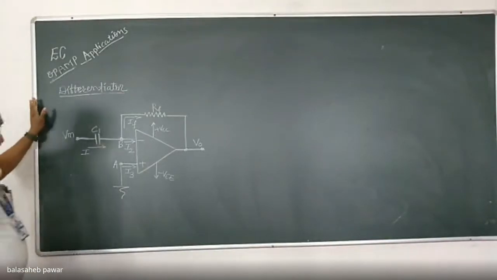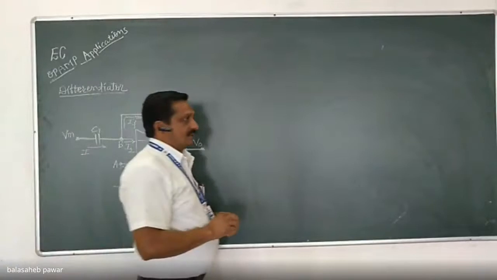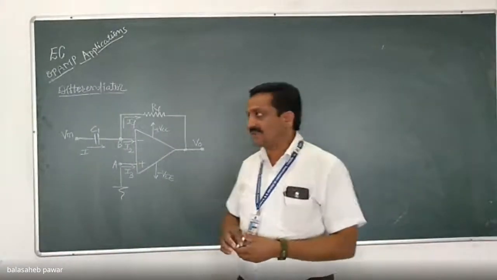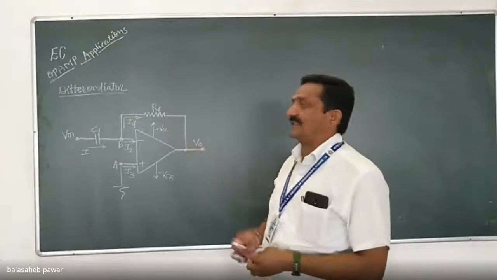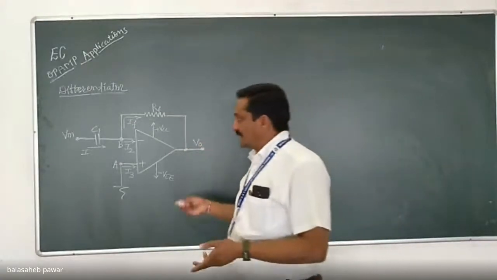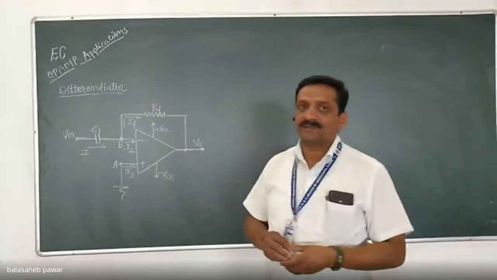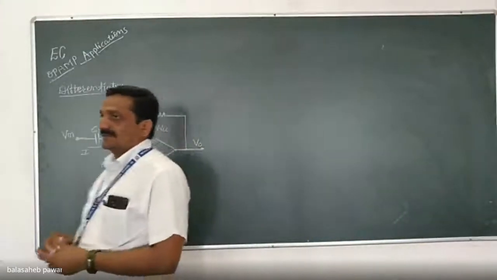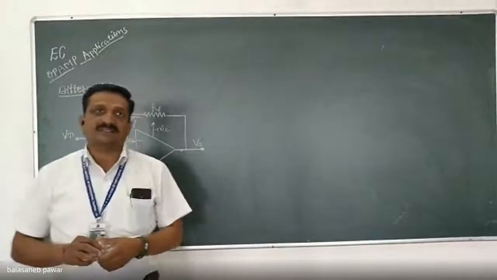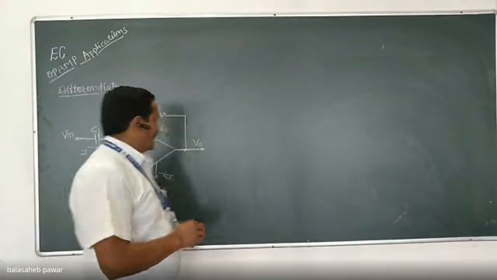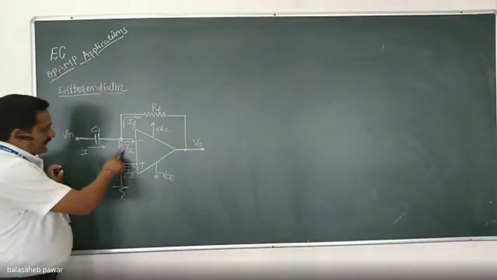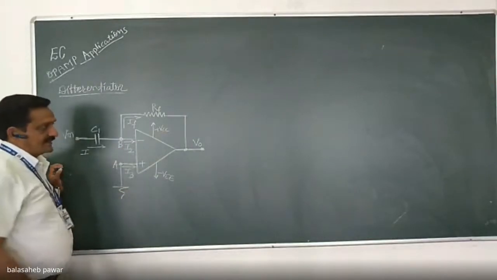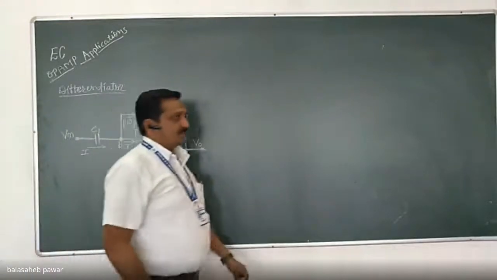Same as the previous applications, there are a few basic common points that you have to remember and recall here. The input impedance of the op-amp is infinite. The input current, that is the input offset current, or the current flowing through the inverting terminal and non-inverting terminal, that is I2 and I3 as shown here, will both be zero.